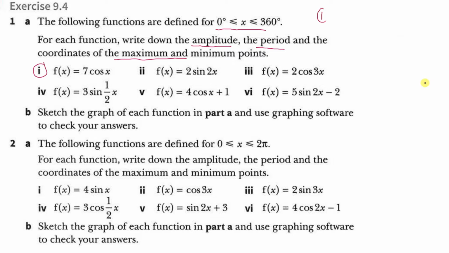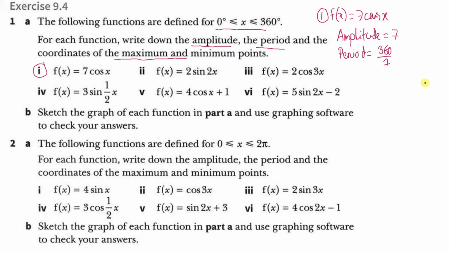Question 1 is f(x) equals 7 cos x, and from here you can find the amplitude, which is the number in front of the cos x, that is 7. And the period we can find easily because the coefficient of x is 1, so 360 divided by 1.